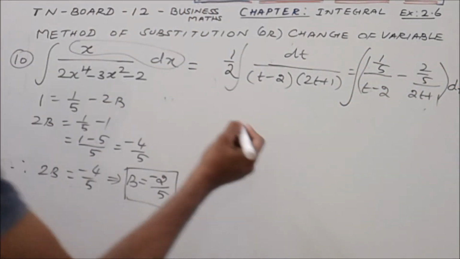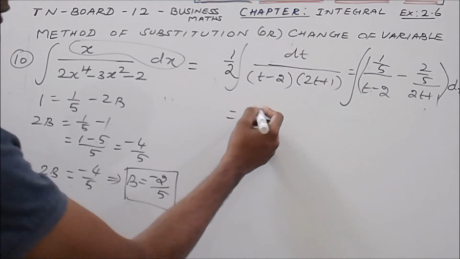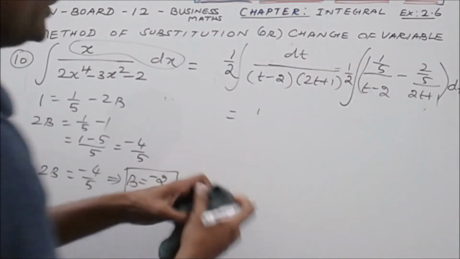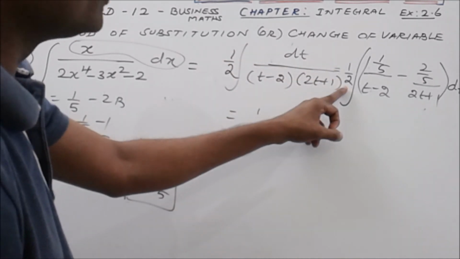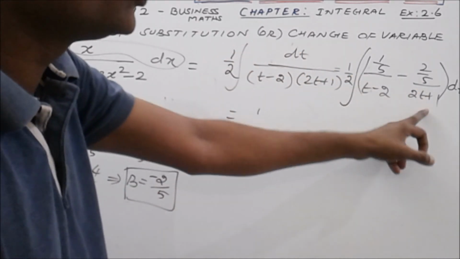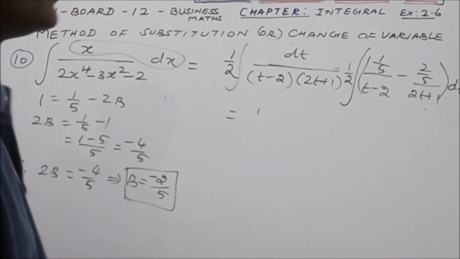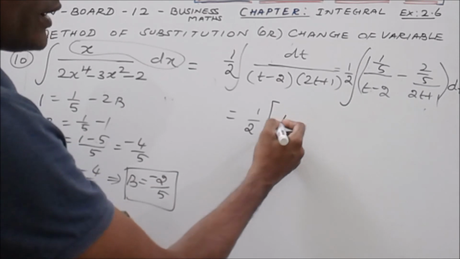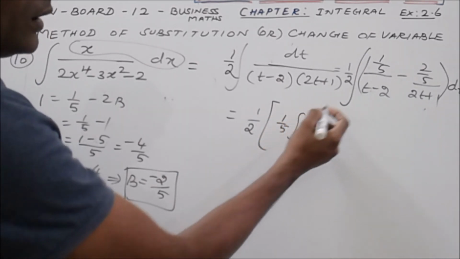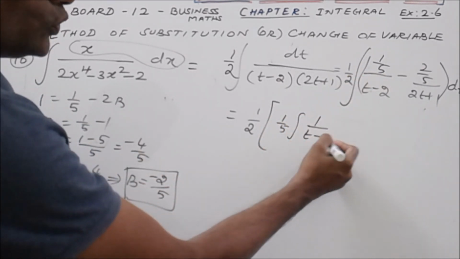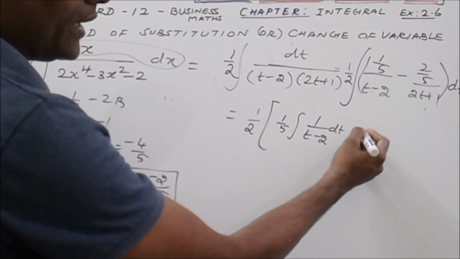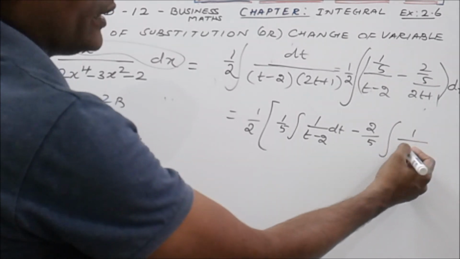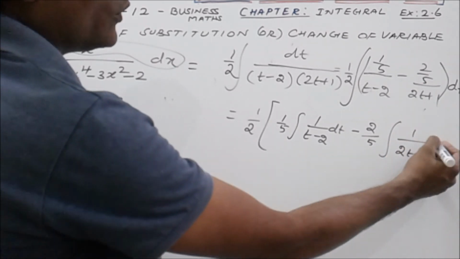Now we can integrate. Take 1 by 5 as, 1 by 2 remains here, so apply 1 by 2 also here. 1 by 2 into this whole fraction, split into two fractions in subtraction. Now this 1 by 2 remains here, and the remaining are 1 by 5 integral 1 by t minus 2 into dt, then minus 2 by 5 integral 1 by 2t plus 1 into dt.